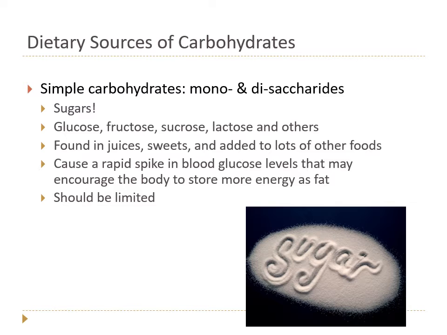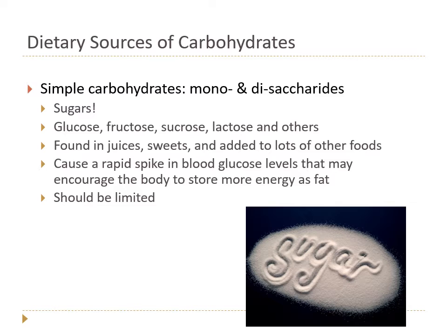Now, these are great sources of energy, but because they're already broken down into their tiny subunits, they get absorbed very quickly from the intestine into the bloodstream, and so can cause a really huge increase in blood glucose levels. They can happen right away. The liver sometimes can't keep up in terms of converting all the extra to glycogen.